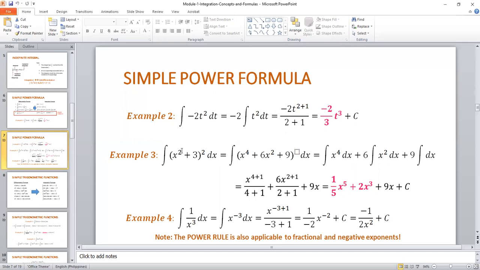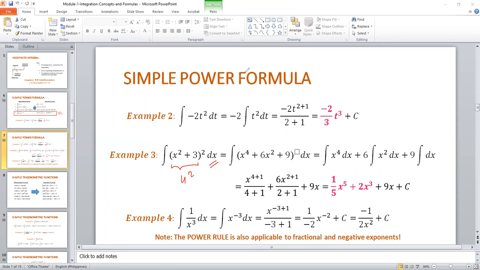Since you have a variable that is raised to an exponent and it's being squared in here, you cannot use the power rule, because you can use the power rule only if the derivative of this x squared is together with the dx. You can make this your entire u raised to n, provided that you have the du, but we don't have. Your du for x squared plus 3 is 2x dx. You only have dx. So it cannot be done.